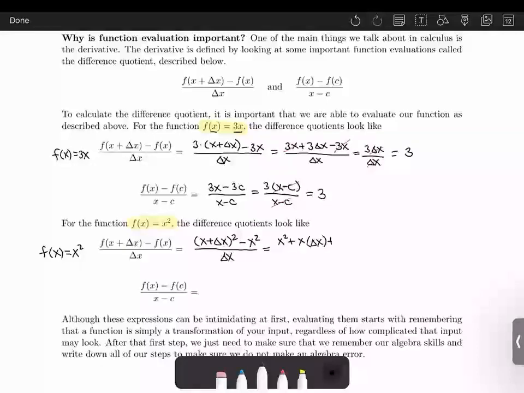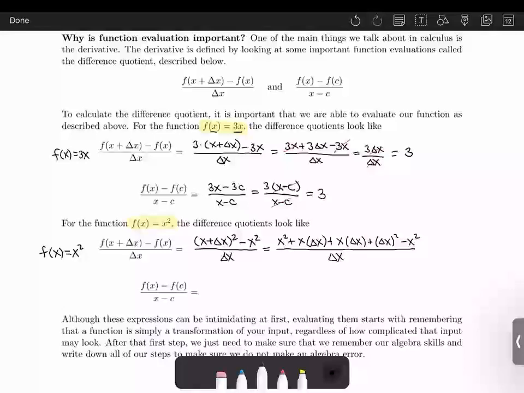So that's my first, my outside, my inside, and my last. Then I subtract my x squared all over delta x.